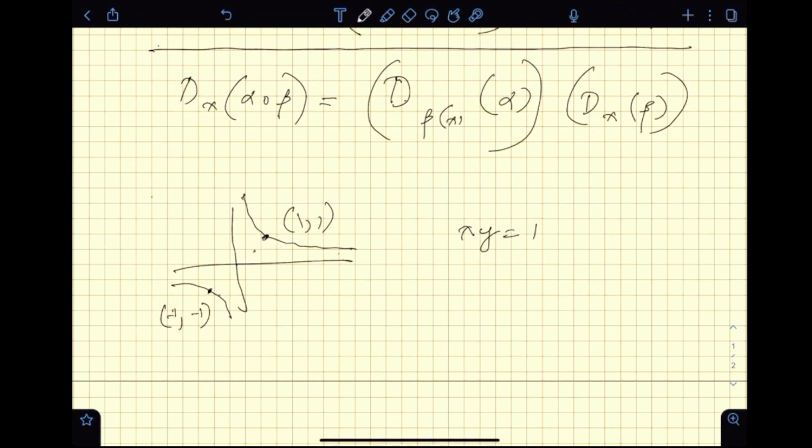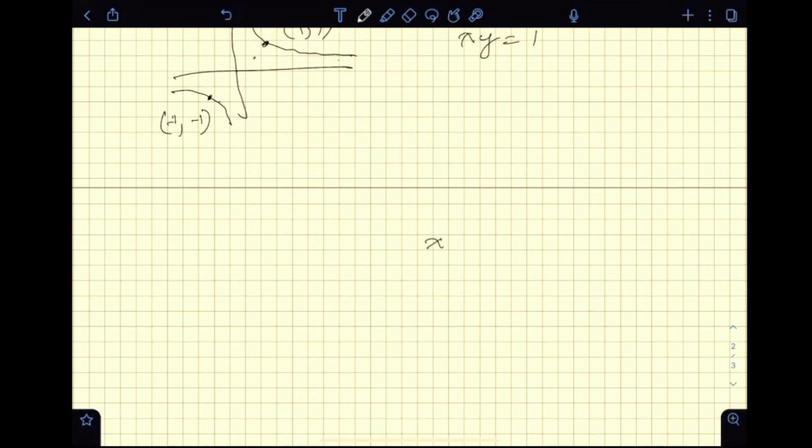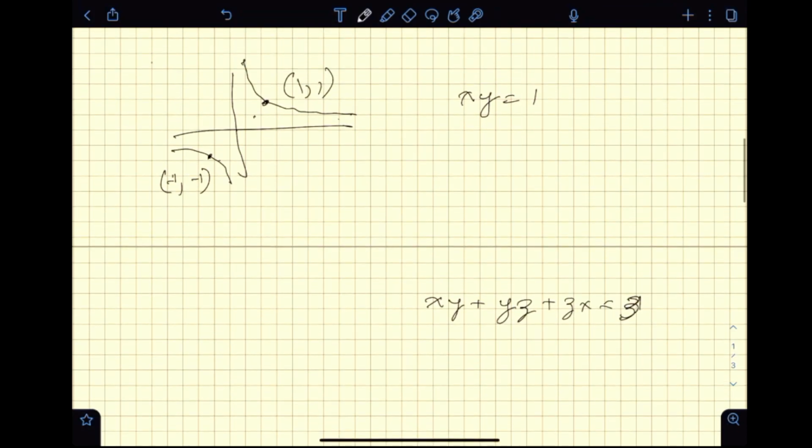But the next example would be in three dimensions, and the equation would be xy plus yz plus zx is equal to 3. Oh, this should be xy is equal to 2, not 1.